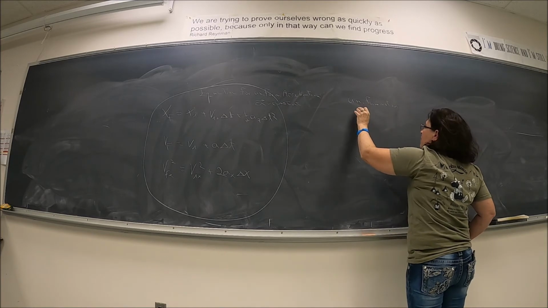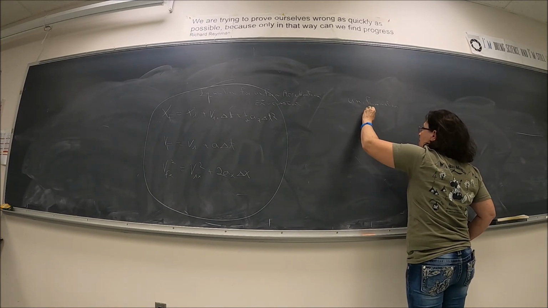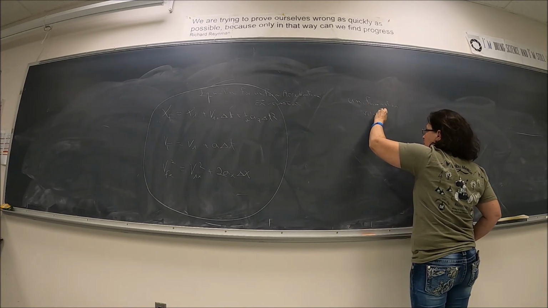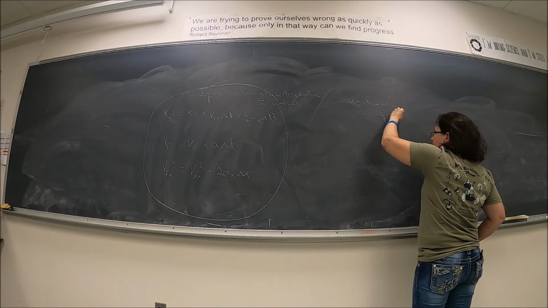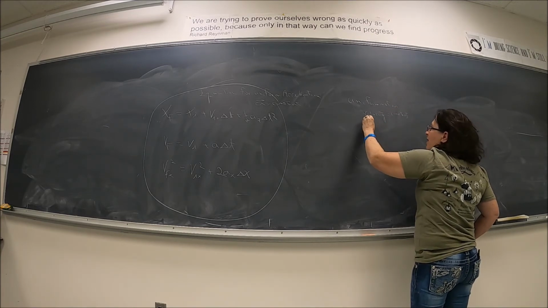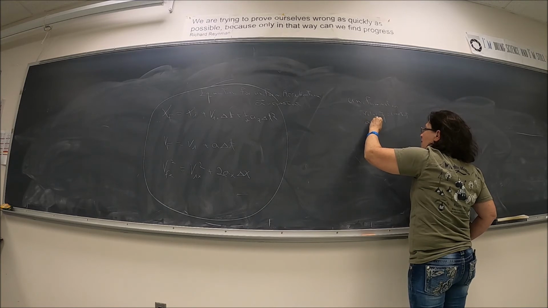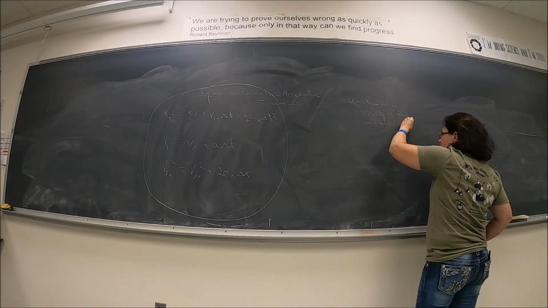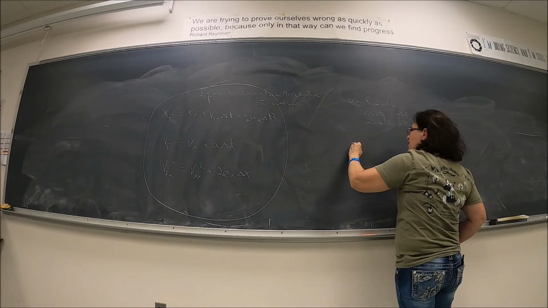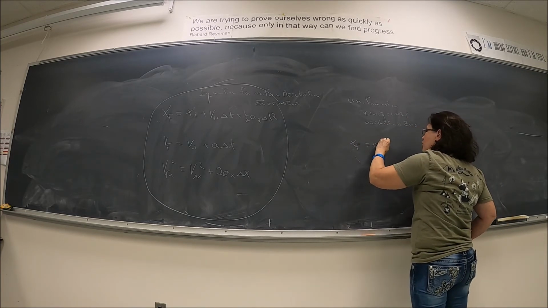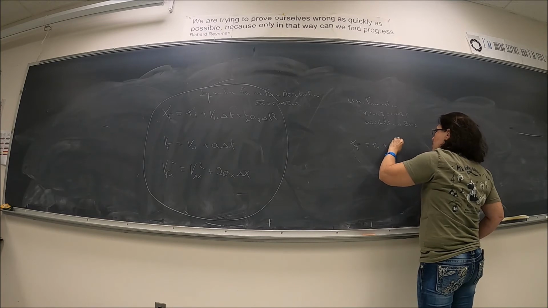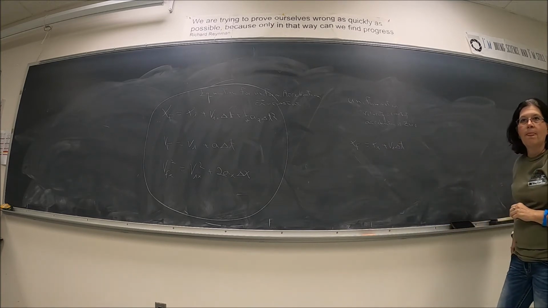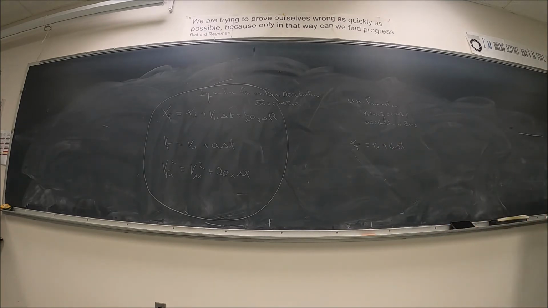Here velocity equals a constant, and that's because acceleration is 0. And it was x final equals x initial plus v initial delta t. Okay? So there's our sets of equations.